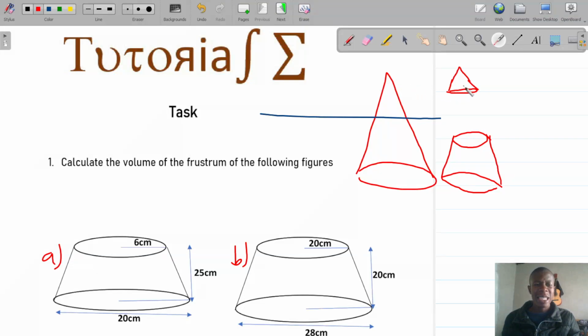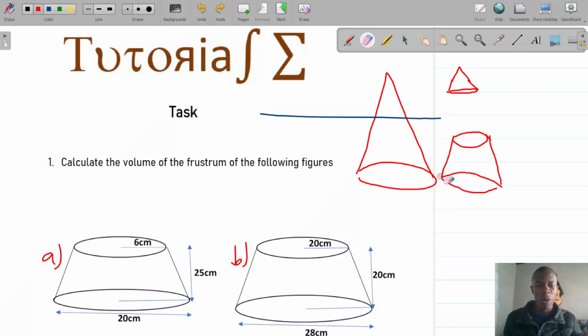Ideally, to get the volume of the frustum here, we just find the volume of the original shape, and then we subtract the volume of the shape that was on top. As you can see, when we subtract this volume, we're going to remain with a frustum. So let me repeat this.